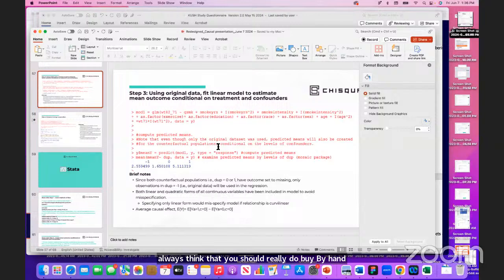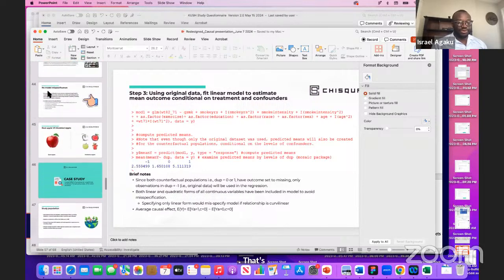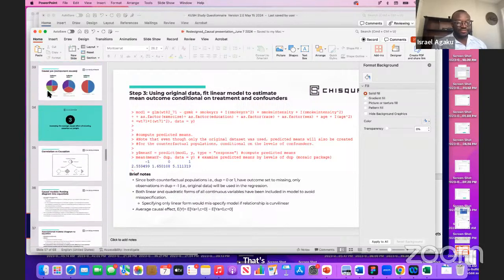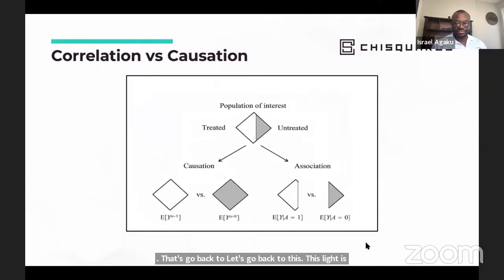More explanation on interpretation. Okay, let's go back to this. This slide is fundamental to your understanding of how to interpret causal models. So see, in association, we're comparing these guys here versus these guys here.